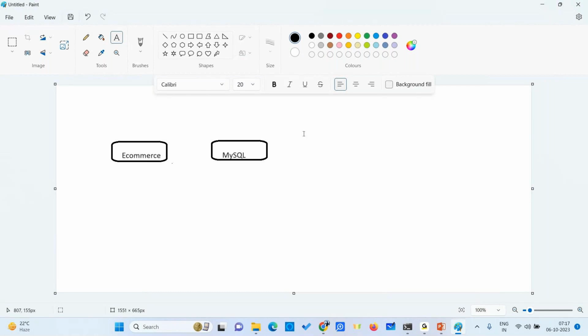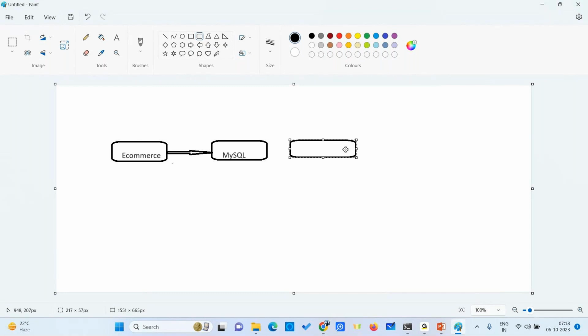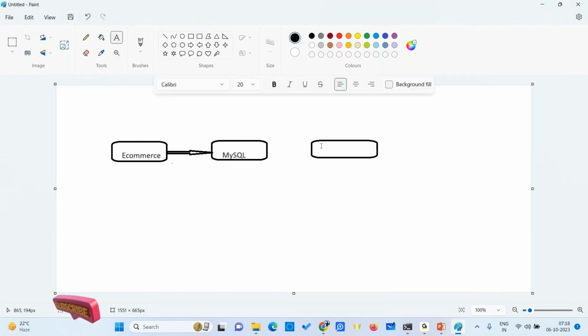Okay. Then all this data is stored in a data warehouse. Okay, this is a data warehouse.